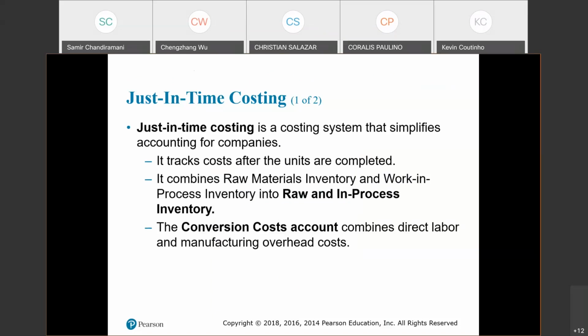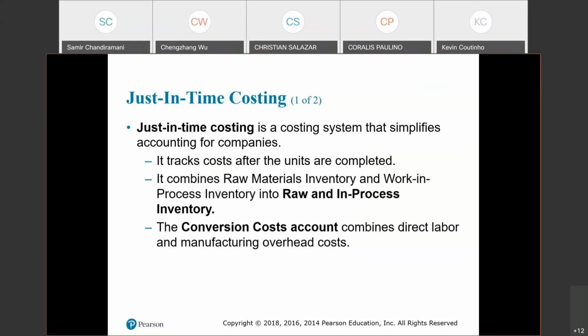There are three major differences between JIT costing and traditional costing. First, as I said, it tracks the cost after the units are completed. Second, JIT costing combines raw material inventory and WIP inventory into one account, which is called raw and in-process inventory.